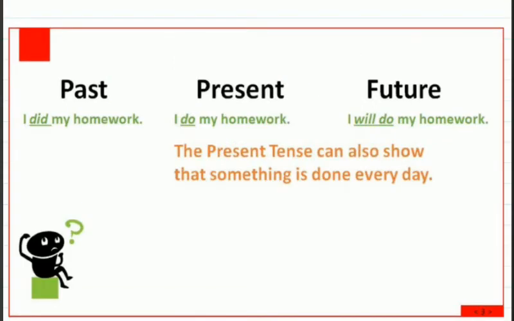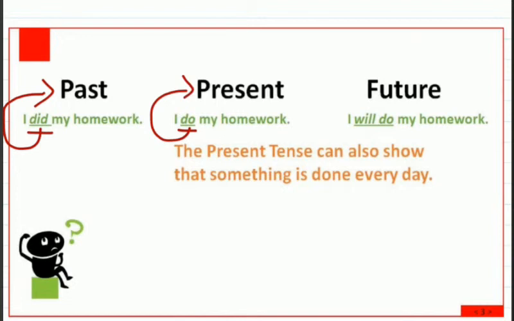Well, let's look at an example here. I wrote here, I did my homework. Well, when I see that verb did, I know the action happened in the past. And then I wrote here, I do my homework. When I see the verb do, I know that it happened in the present.